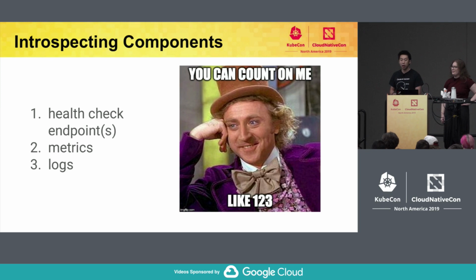Because this health checking model is such a common and pervasive way to set up a control plane, all of our master components will have these health check endpoints, and we can rely on this. We can also rely on the fact that we're going to have some metrics in the shape and the format that Elena just described, and we're also going to have logs.